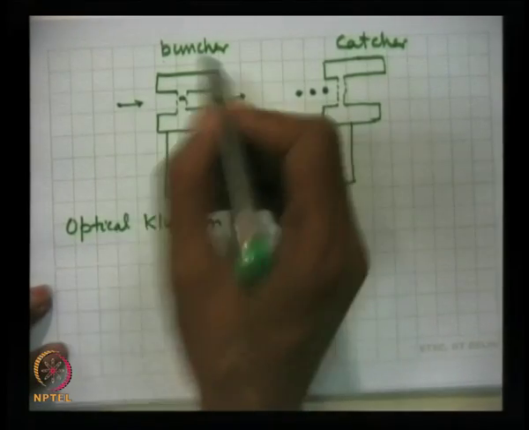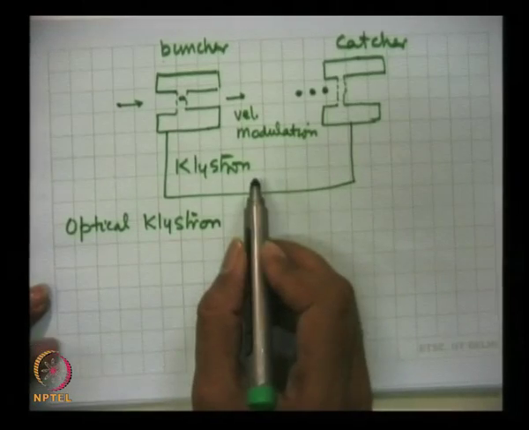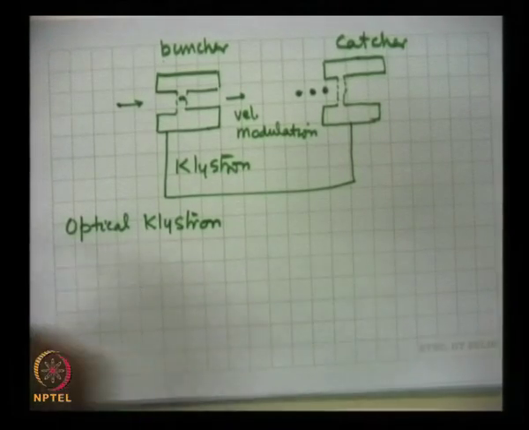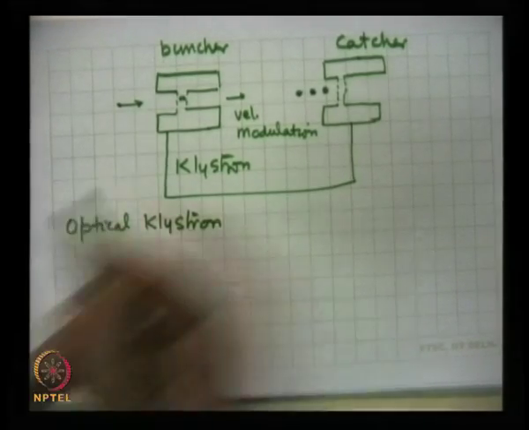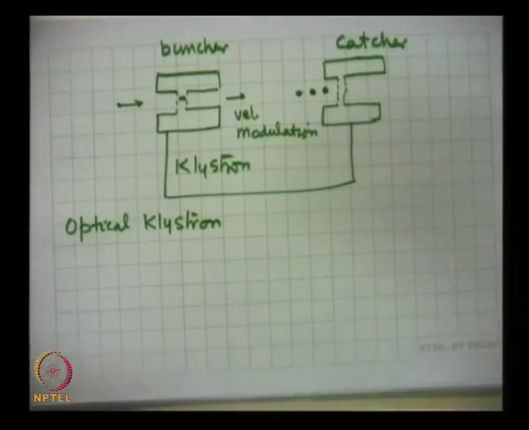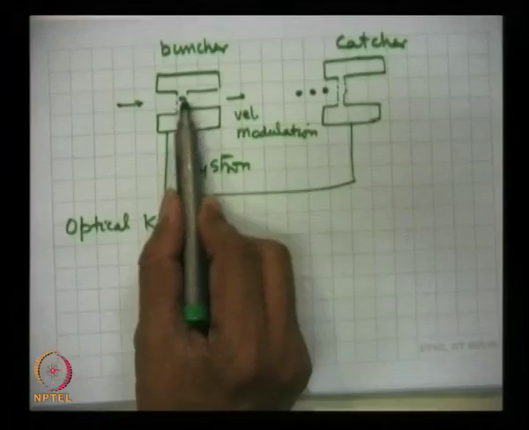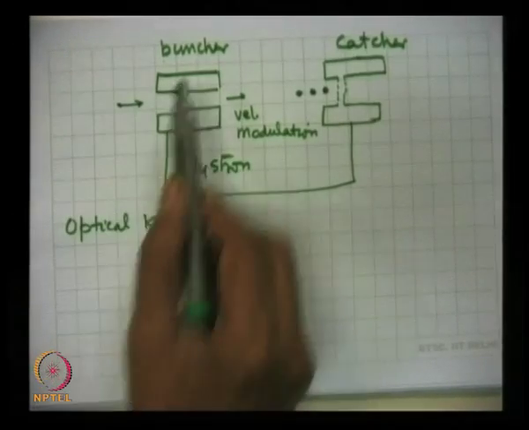The Klystron has a limitation that it can operate only up to a frequency like 10 gigahertz. If, say, I want to produce radiation in the optical range, what should I do? I should reduce the buncher gap, but you cannot reduce it beyond a limit.